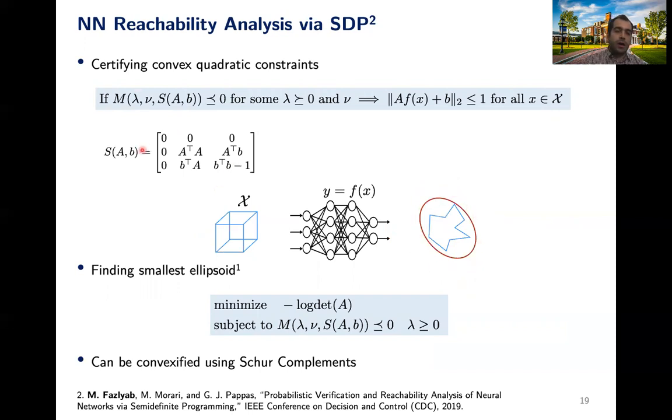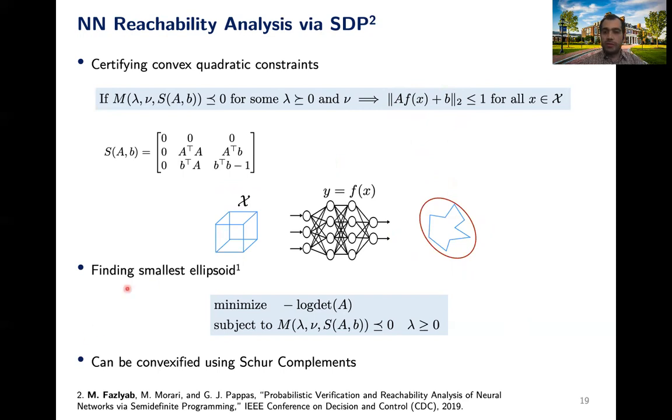By defining the matrix S and parameterizing it by matrix A and vector B in the following form, the satisfaction of the LMI means that the output of the neural network will be contained in the ellipsoid defined by A and B. The matrix A defines the shape and orientation of the ellipsoid, and B determines the center of this ellipsoid.